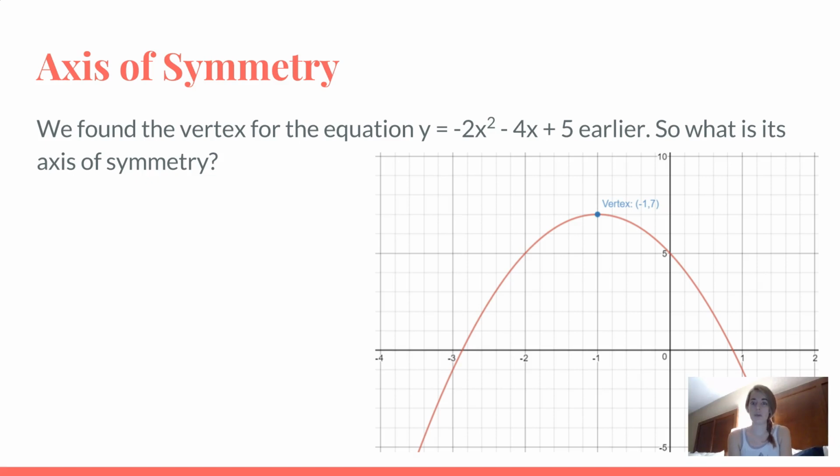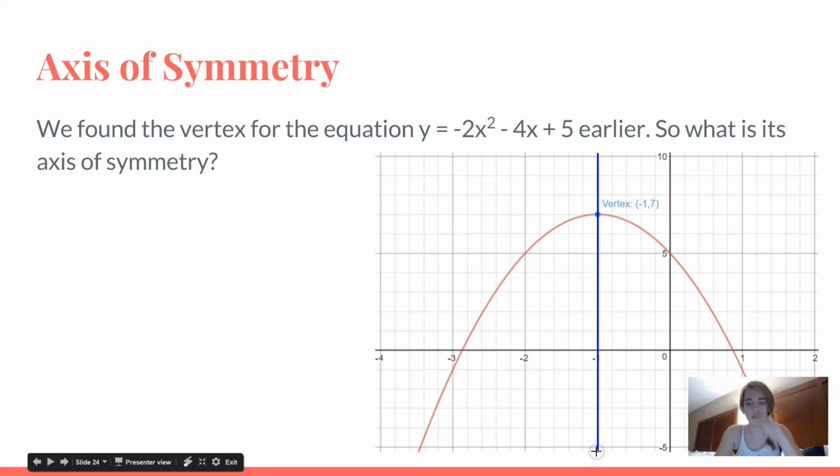Okay, I hope you got it by now. If you don't, feel free to pause the video and think a little longer. Feel free to discuss. But in this case, remember how I said the x equals happens to be the exact same thing as for the vertex? Well, the vertex is at negative 1 for my x value. See how the dot's right above the negative 1 on my x-axis? So if I drew a line straight through my vertex, it cuts my graph in half.